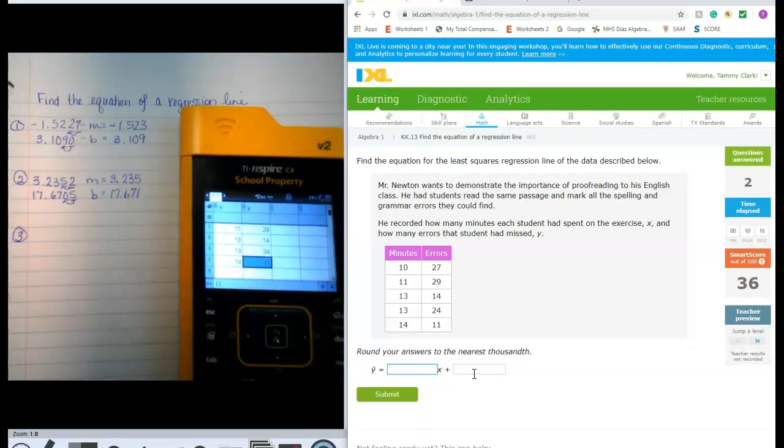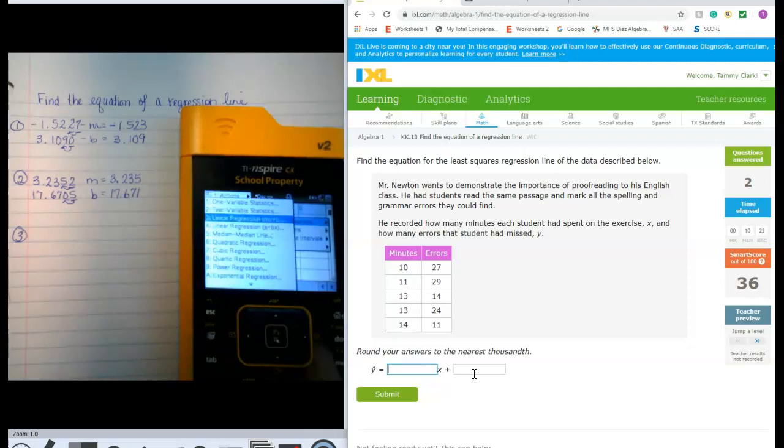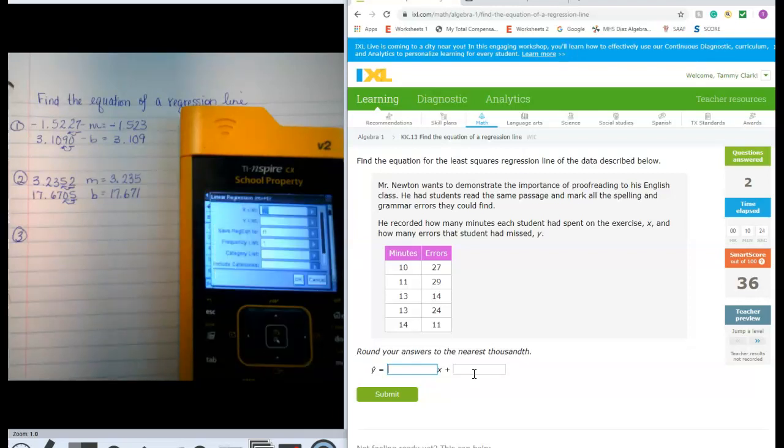Do it again. Go back up. Come back down. Menu. To statistics. Stat calculations. We want slope intercept form. X list is X, Y list is Y.